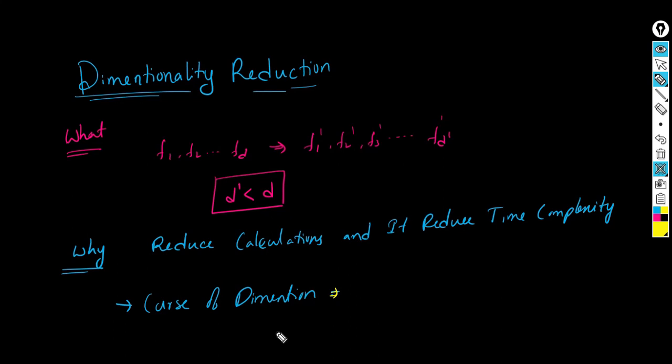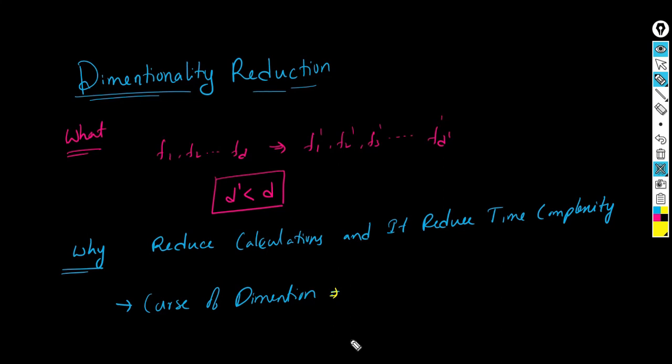It happens because of the higher dimensions. To avoid this problem, we need to reduce the dimensionality. These are the reasons why we need the dimensionality reduction technique.